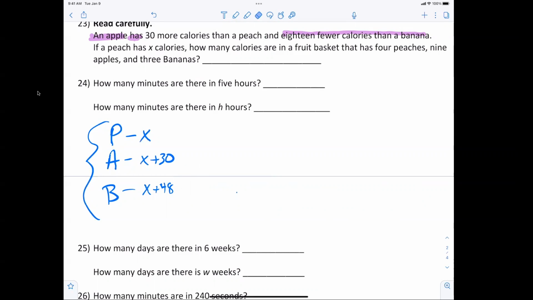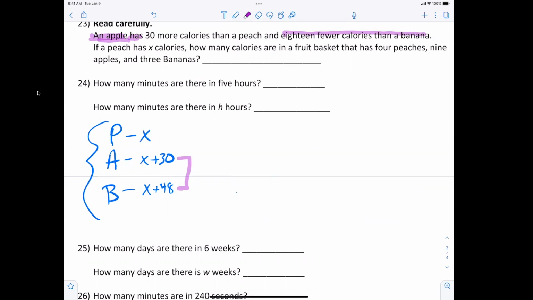You just agreed with me that the banana has 18 more than the apple. Do you agree with that? So instead of saying an apple has 18 fewer, say the banana has 18 more. Makes sense now, right? Sometimes you have to go in reverse order. Instead of apple has 18 less, you can say the banana has 18 more.